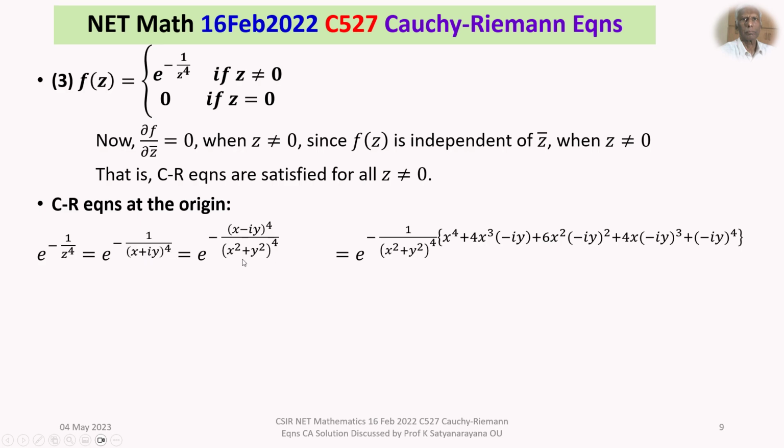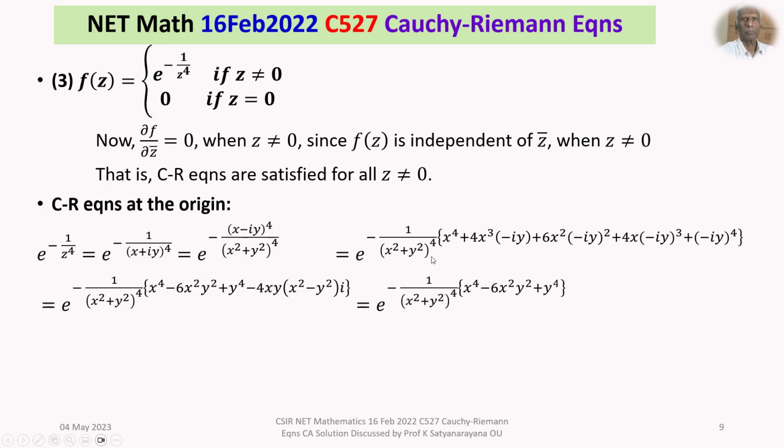Rationalize the denominator, so multiply numerator and denominator by x − iy. The denominator becomes (x² + y²)⁴. Now (x − iy)⁴, expand it. So take the power of 4, use the binomial, and we get this one. So this will be equal to e^(−1/(x² + y²)⁴), right?